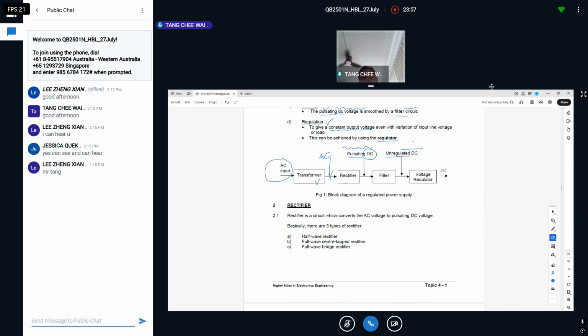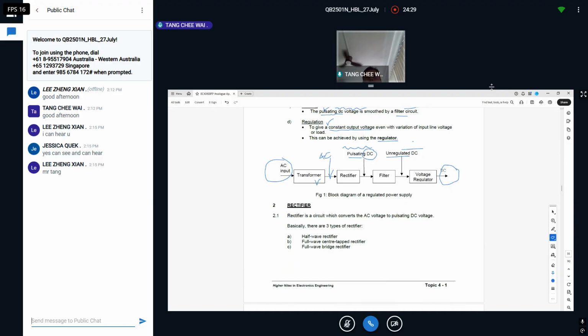Finally, of course, the voltage regulator will take care of the unregulated DC to make it a regulated output supply. So finally, you will get a very nice straight line of DC at the output. This diagram is very helpful to you if you read and you may not be too sure. From left to right, that is probably the entire process of a power supply.